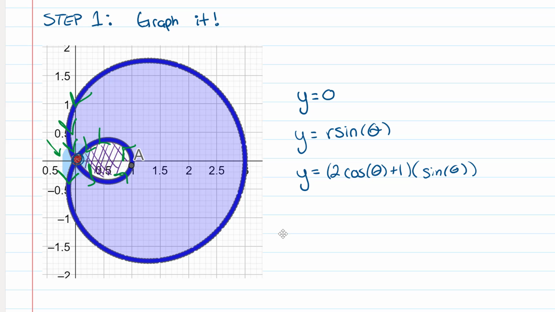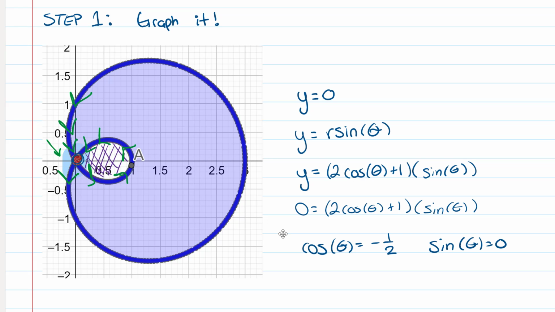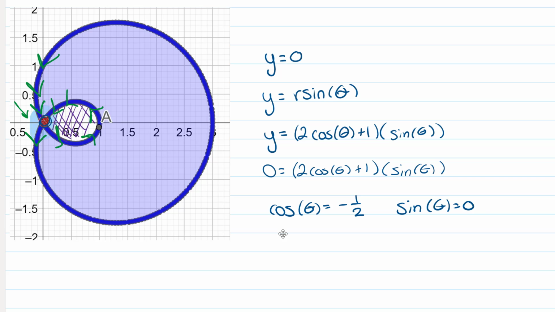Now all I have to do is set that equal to 0 and solve each factor. I get cosine of theta is equal to negative 1/2, and sine of theta is equal to 0. Here I get that theta is equal to 2 pi over 3 and 4 pi over 3, and here I get theta is equal to 0, pi, and 2 pi.